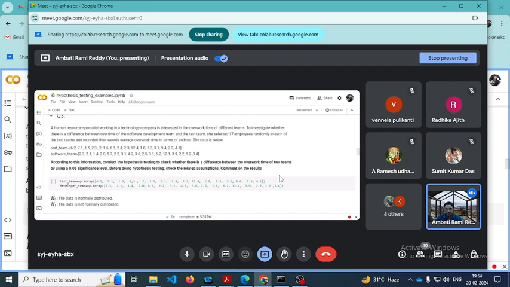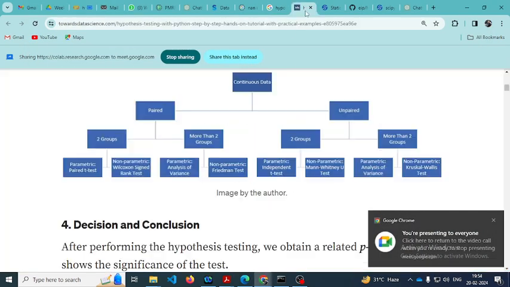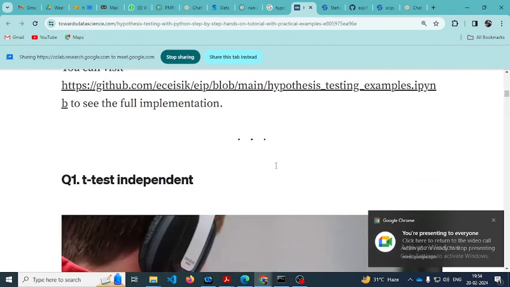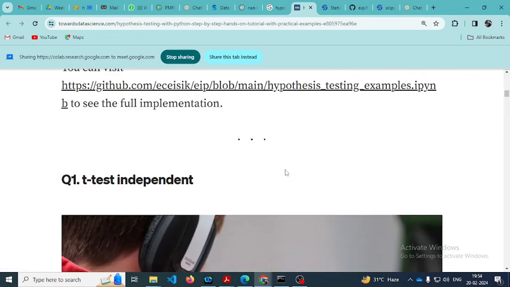Then you compare your p-value with the level of significance. Then you can make some conclusion based on this problem. Take 5 minutes to analyze and compute the p-values. It is more like problem one, whatever you have seen. It's like two groups of data. You just analyze it like that.